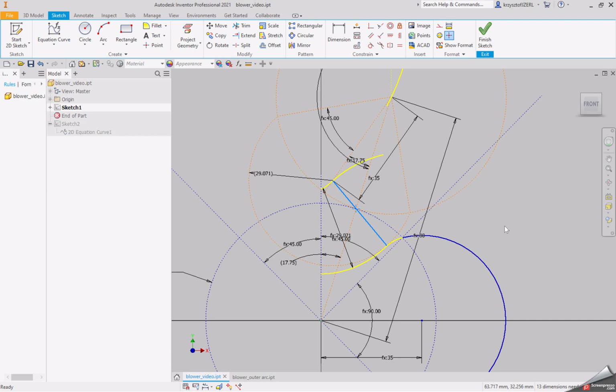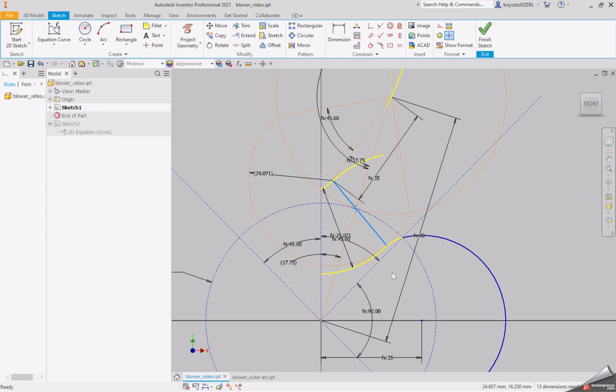And this is one of the methods to use an offset function, which produces a valid geometrical result that we can use for all engineering and technical purposes in Inventor, but we do not know the equation.